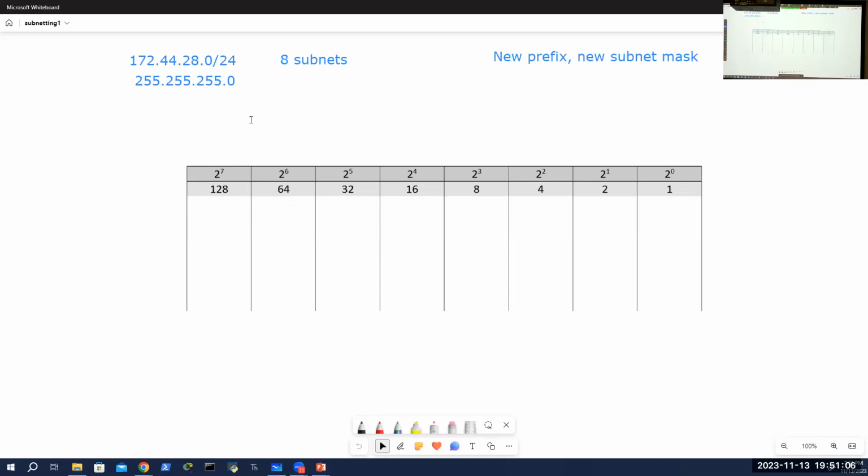That's what the ISP gave you. And so that's what you have to work with. You only have the 4th octet to do your subnetting. So take a few minutes, come up with a new prefix and a new subnet mask.